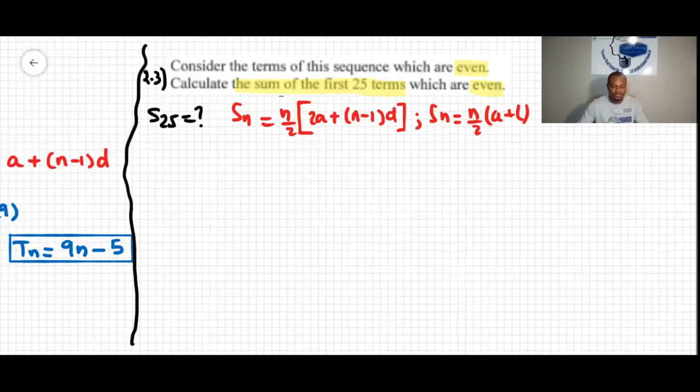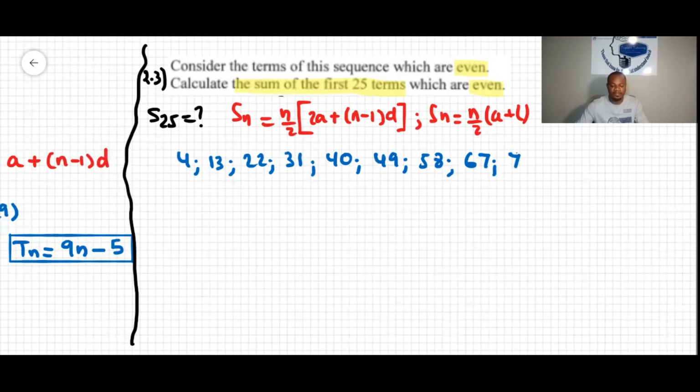Now, the terms in the sequence were 4, 13, 22, 31, is what we found. Because we discovered that the constant difference is 9, we can just add 9 over and over and see how the sequence changes.